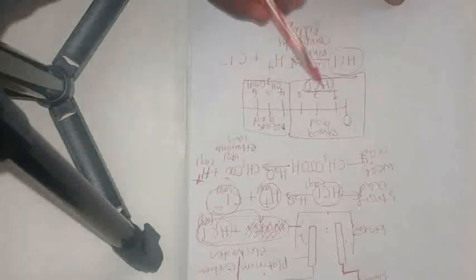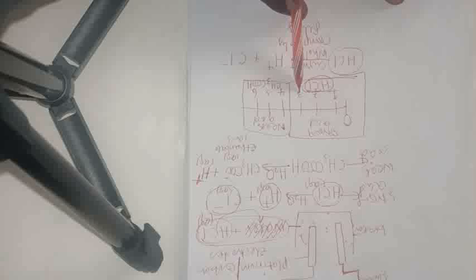Its pH value can either be 1, 2, or 3. But again, why is it a strong acid? It dissociates completely. It decomposes completely. It ionizes completely. It dissociates wholly or fully to give us hydrogen ions and chloride ions.